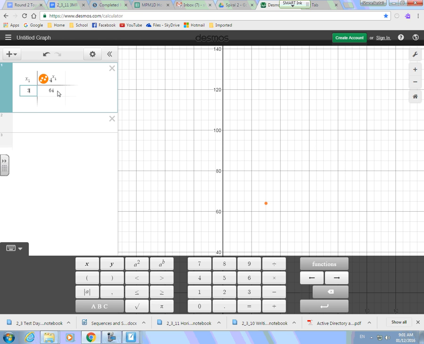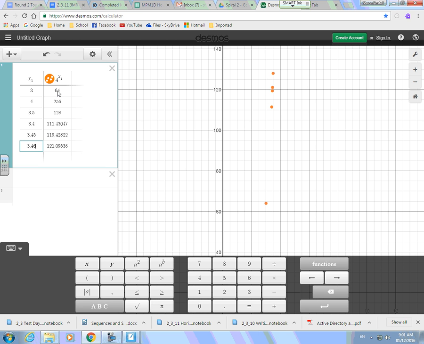So I put in 3 and it's 64, I put in 4 and it's 256, so that's too high and I'm going to have to go in between. 3.5 is 128, so that's a little bit high still. And I can get closer and closer very quickly, right? That's pretty close. And that's very close, very quickly.